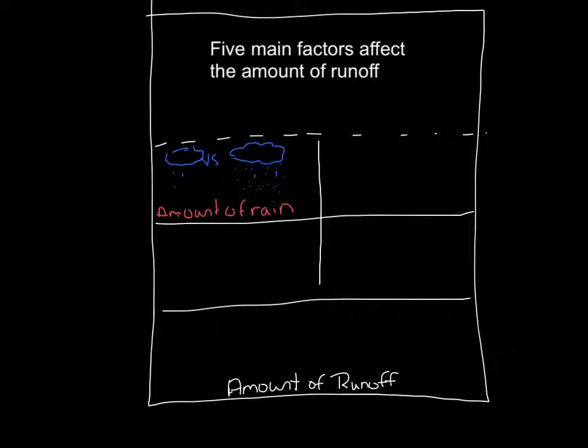Another thing that can affect how well the water runs across the land is the vegetation. That's grasses and shrubs and trees and plants.